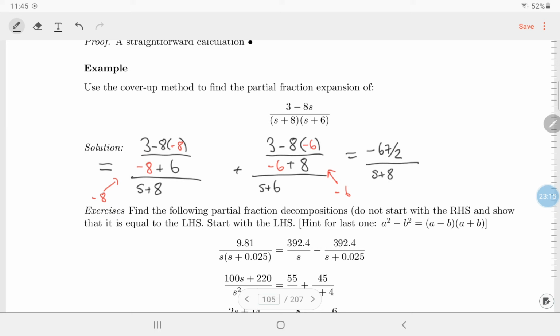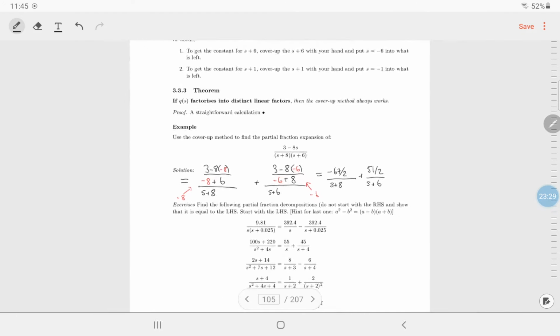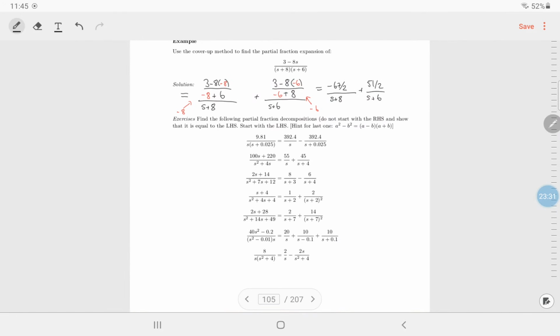And then the other one, 3 plus 8 by 6 is 48, divided by 2, 51 over 2. I just want to show that the numbers don't have to be nicer. So that's the rest of your partial fractions. We'll be seeing loads of them, and you'll want to be very good at the cover-up method.